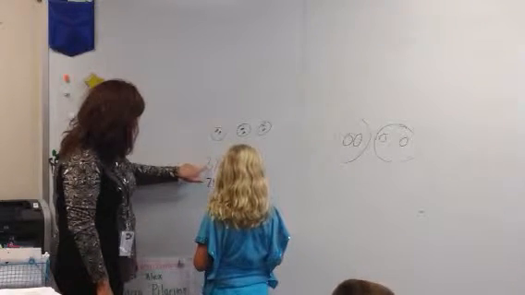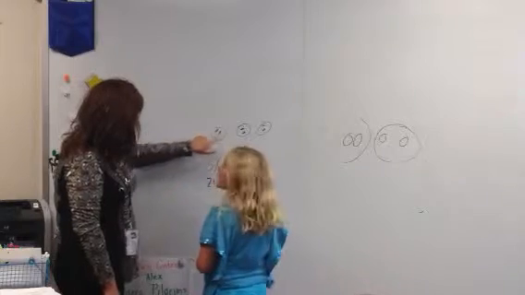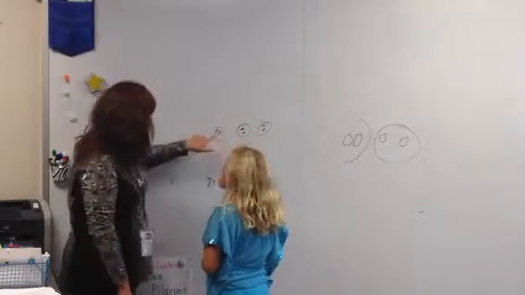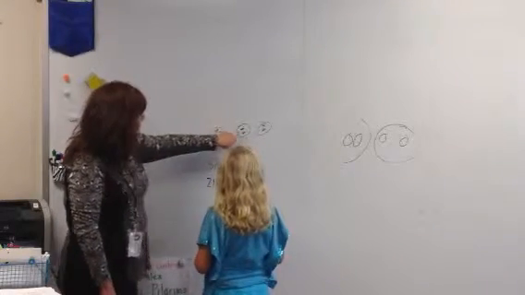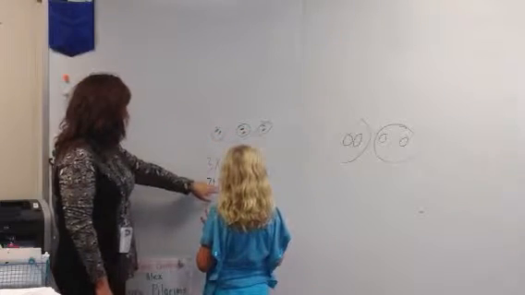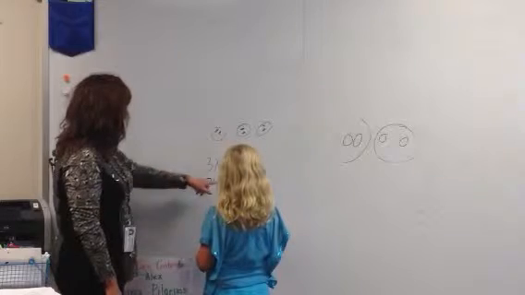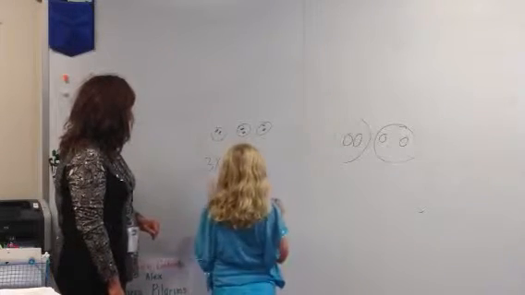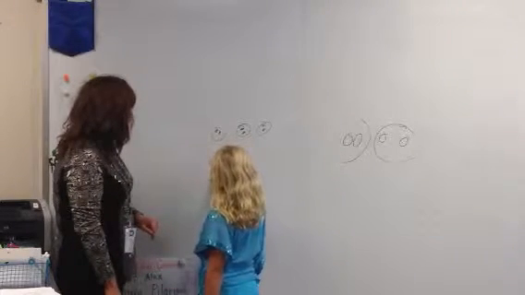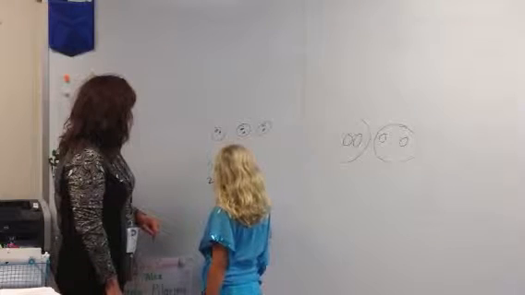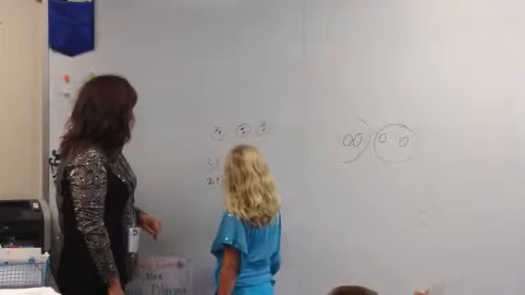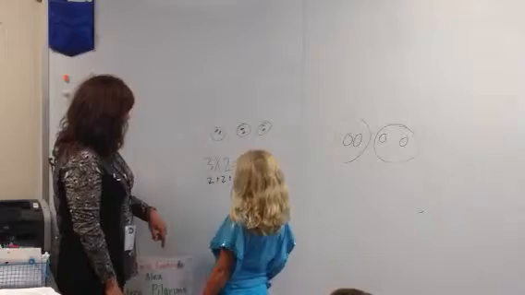How many 2s? This tells you how many. How many did you have? Wait, hold on. How many groups did you have? Yes. So how many 2s do you need? 2 plus what equals this? This repeated addition. Very good. You did it.